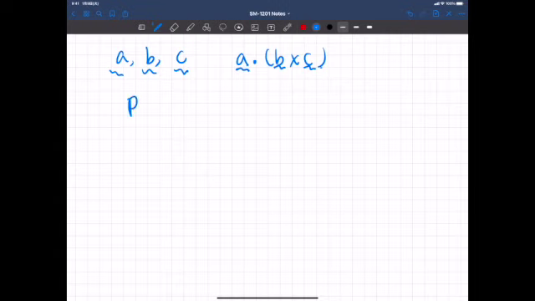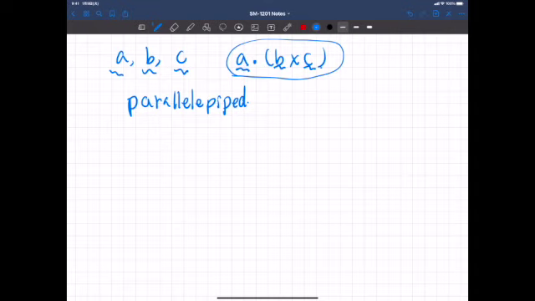Then actually this corresponds to the volume of the parallelepiped. This is an unfamiliar word for me. Parallelepiped made by these three vectors. Okay, so what this means is this.